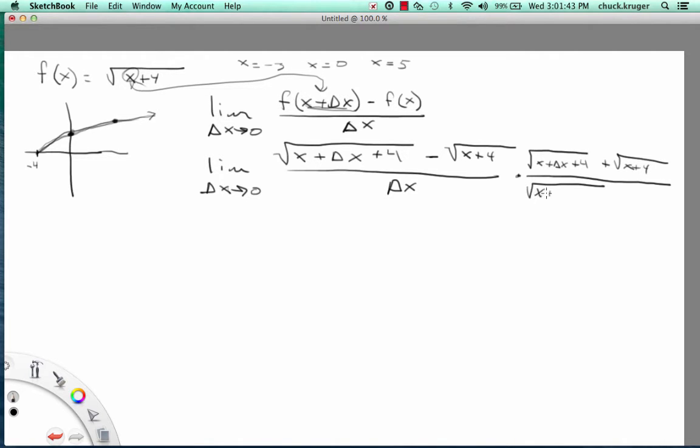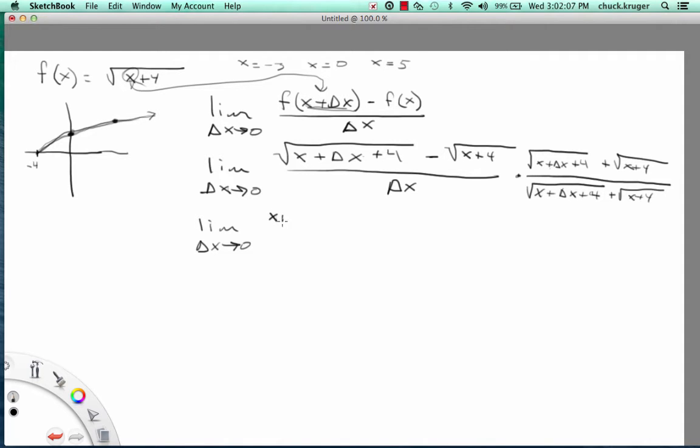Square root of x plus delta x plus 4 plus the square root of x plus 4. Now when I multiply that out, the reason I multiply the conjugates is there's no middle term, and it's simply going to be the product of these square roots and the product of these square roots. So the square roots are eliminated in the numerator.